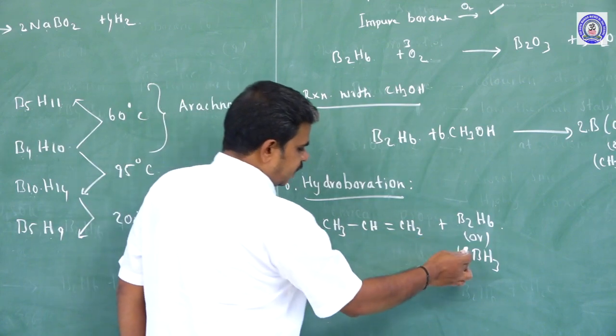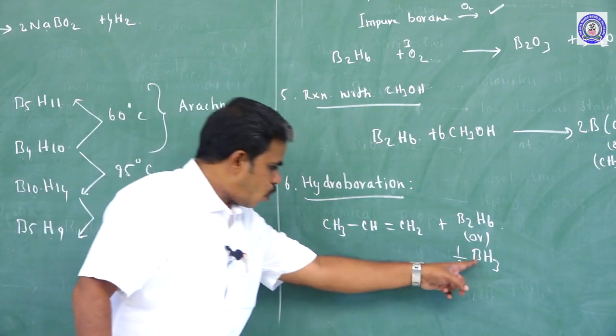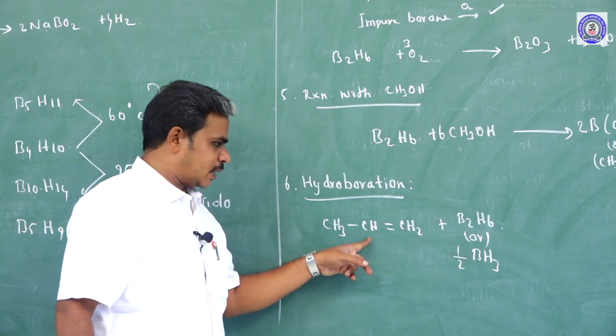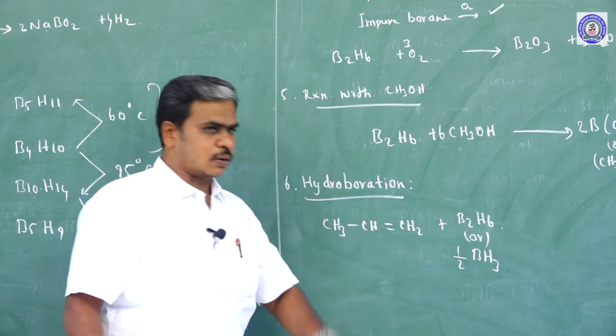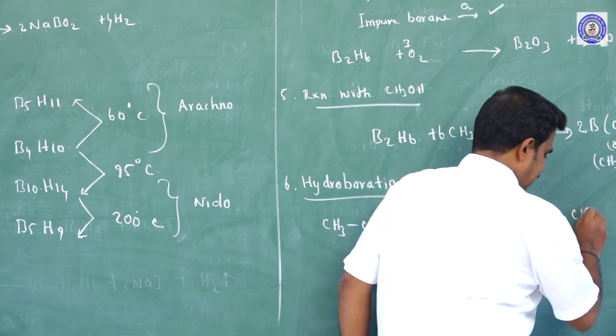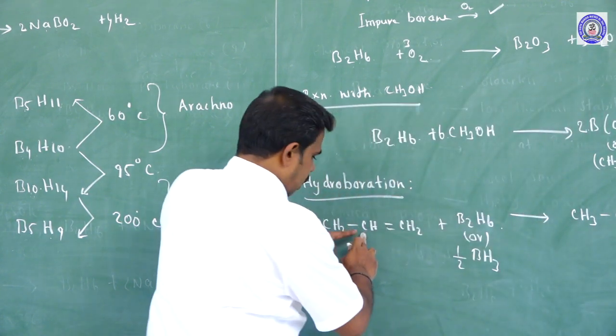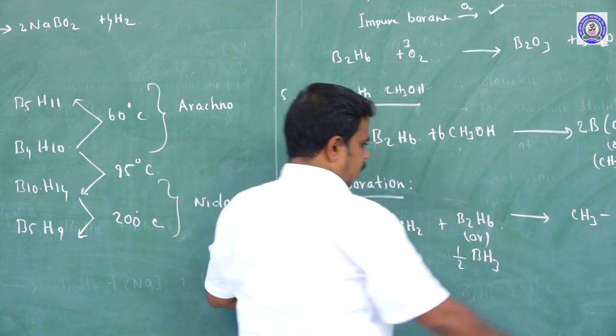Now, here it follows the anti-Markovnikov rule. One of the hydrogens is going to attack here and the BH2 group is going to attack here. So we take CH3 and CH2, the double bond is converted into a single bond.